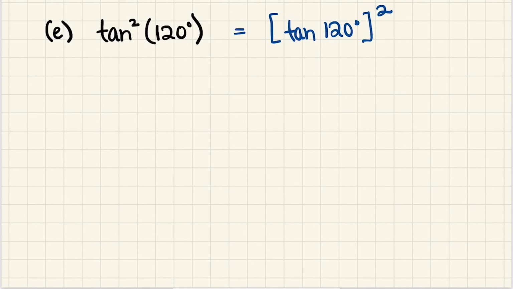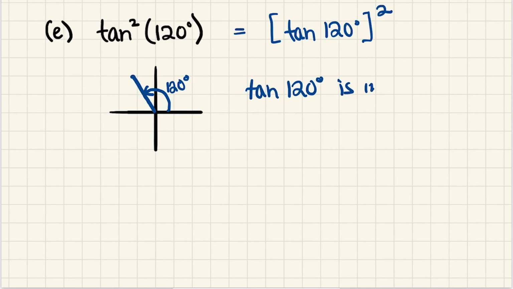However, I think it's a good exercise to quickly just locate 120 degrees in standard position. It's about here. So we can see that 120 degrees is in quadrant 2. And according to All Students Take Calculus, the S is in quadrant 2 there.